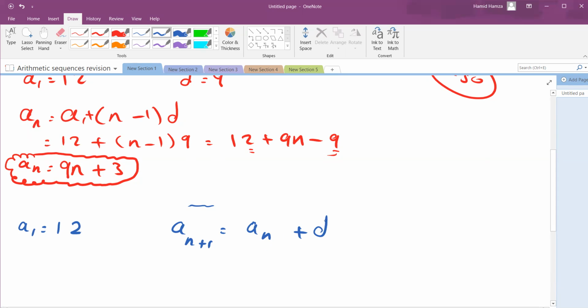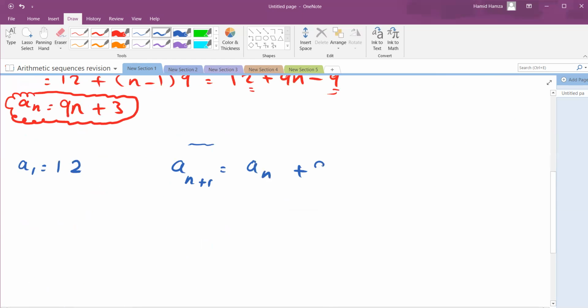We will replace D by the common difference. Instead of writing D, we will write the common difference, which is 9. So this is the recursive formula.